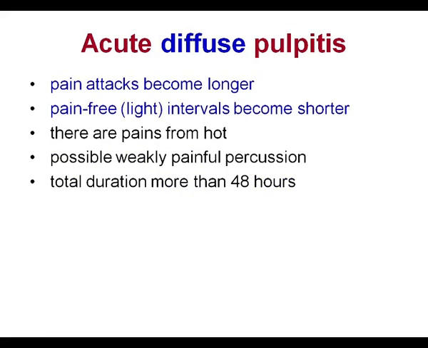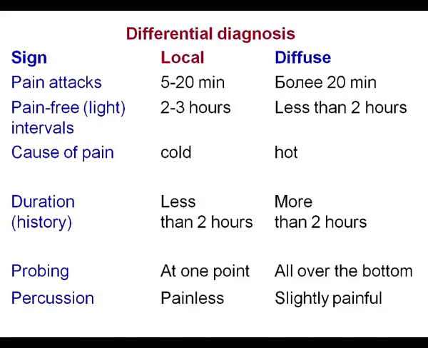For acute diffuse pulpitis, pain attacks become longer than 20 minutes, maybe 20-30 minutes, and pain-free or light intervals become shorter than 2 hours and maybe than 1 hour. There are pains from hot and possibly weakly painful percussion. As for total duration, it's more than 48 hours, more than 2 days.